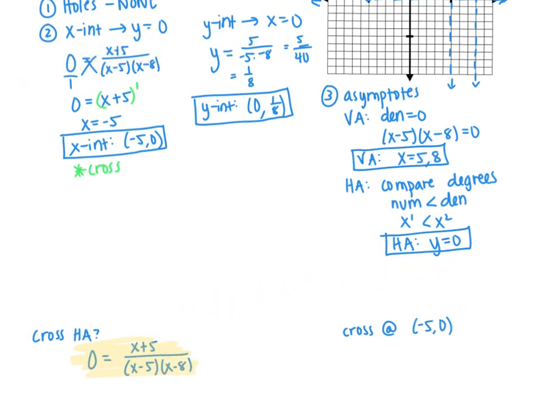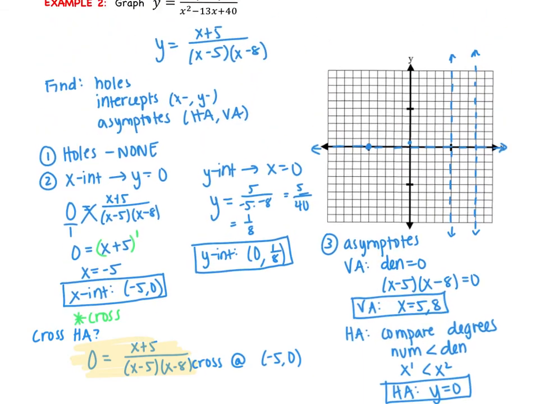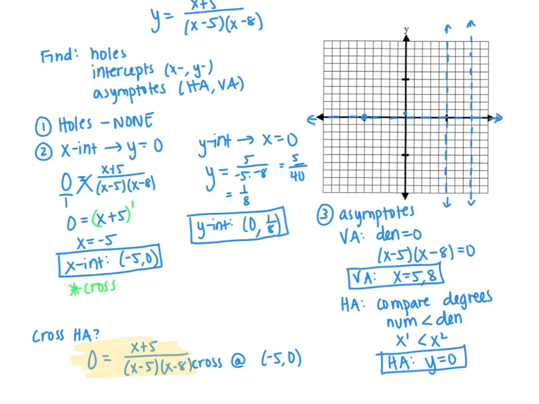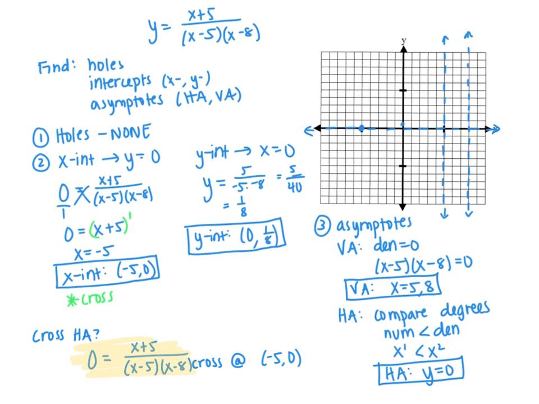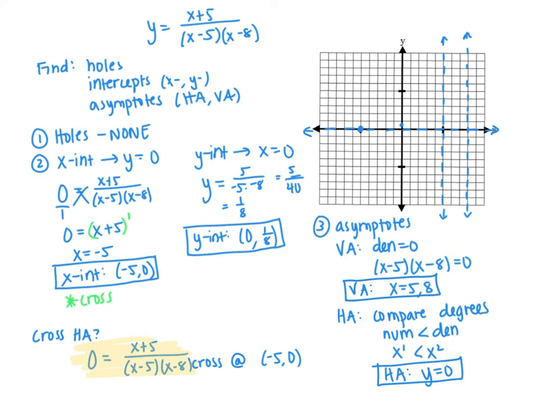Okay, I'm going to move that off to the side because I want to get back to my graph. Okay, there's one other thing I want to tell us before we finish the graph. When you find those vertical asymptotes that relate to the denominator, you have to pay attention to their powers. So this one has a power of 1 and a power of 1.